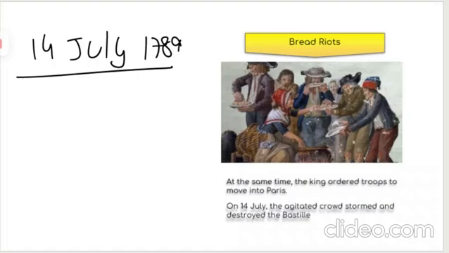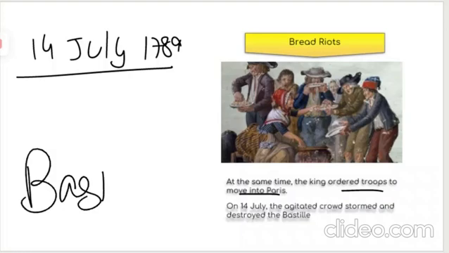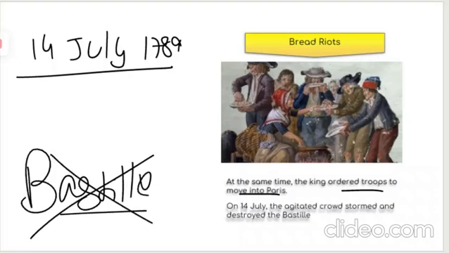At the same time, the king ordered the troops to move into Paris and attack. So on 14 July, the angry, agitated crowd stormed and destroyed the Bastille. The people said that now we are going to destroy it, and they went and destroyed the Bastille, on 14th July 1789.